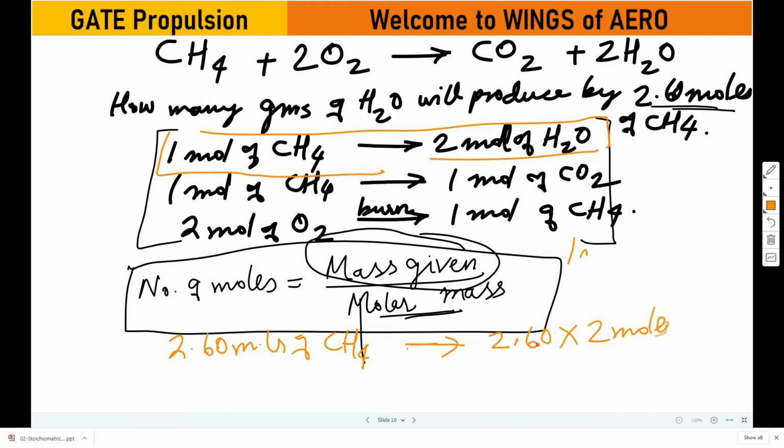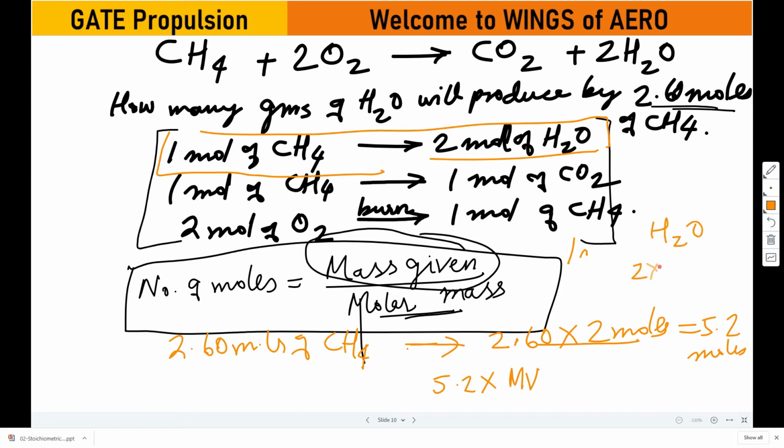You will get 5.2 moles. Now they have asked in terms of grams. So 5.2 into the molecular weight of water. What is the molecular weight of water, H2O?